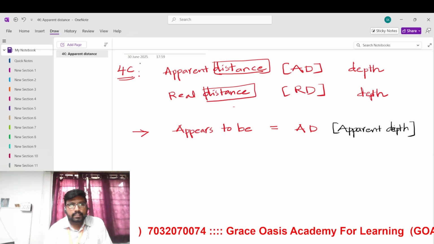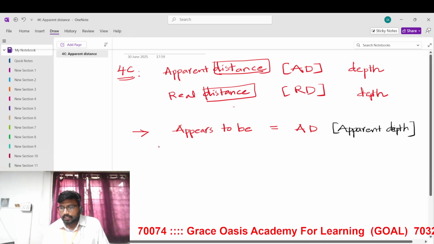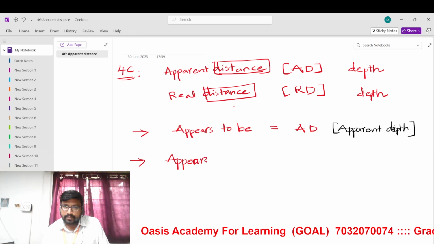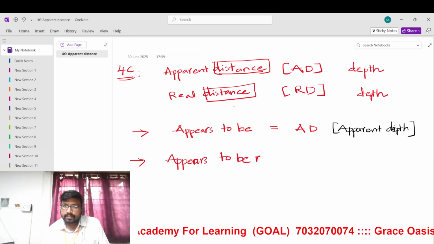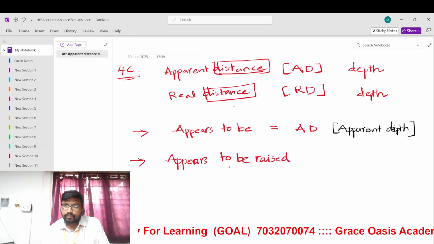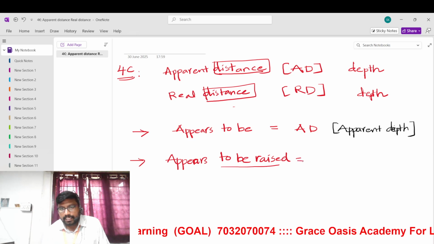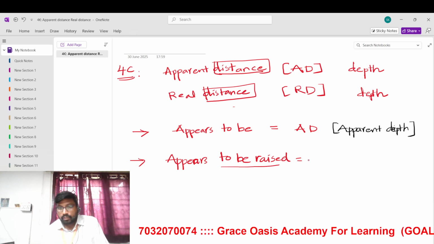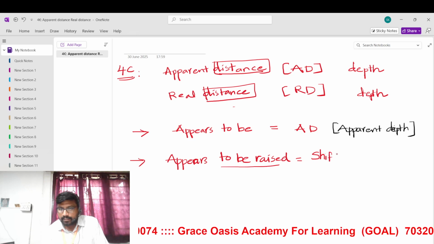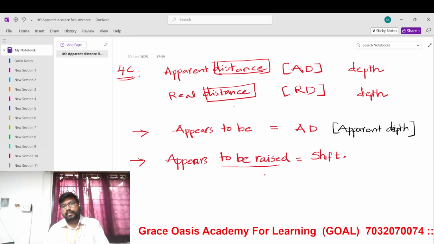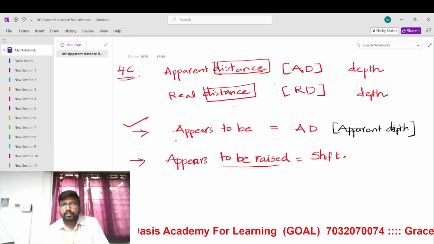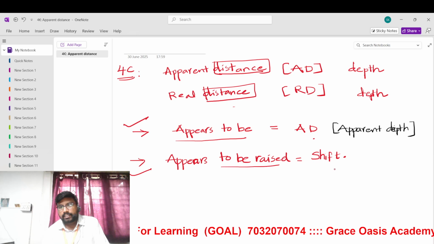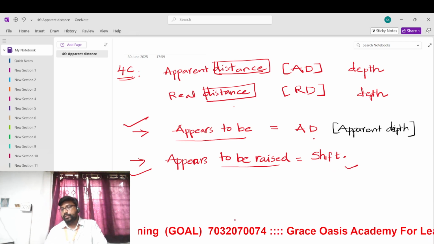If they ask "appears to be raised," if they use raised, that means it has shifted from its real position, so that is called shift. Whenever they ask in the question "appears to be," that is apparent depth. Whenever they ask "appears to be raised," that means shift. Okay, take it down.